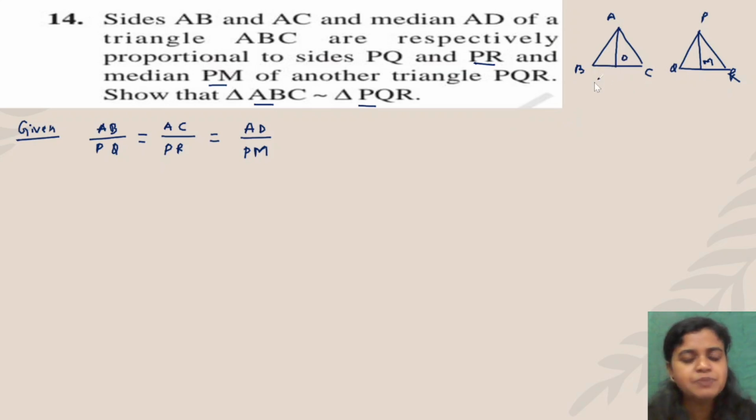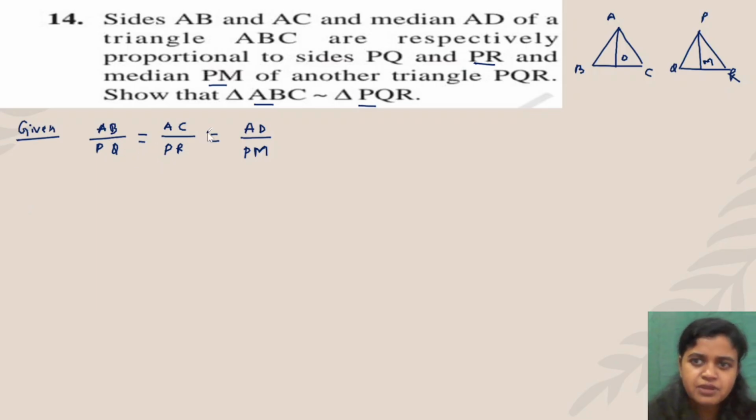But the median of ABC being proportional to the median of PQR is not proof that these two triangles are similar. So anyhow, we have to prove BC is proportional to QR.